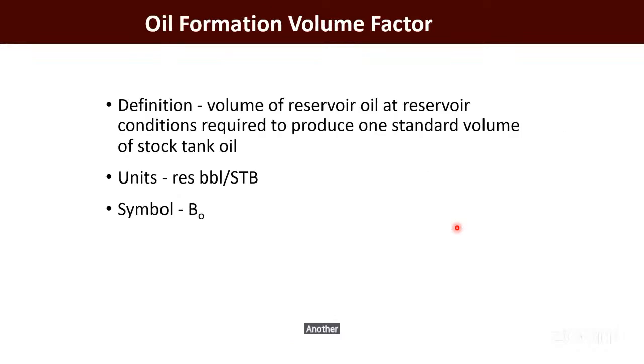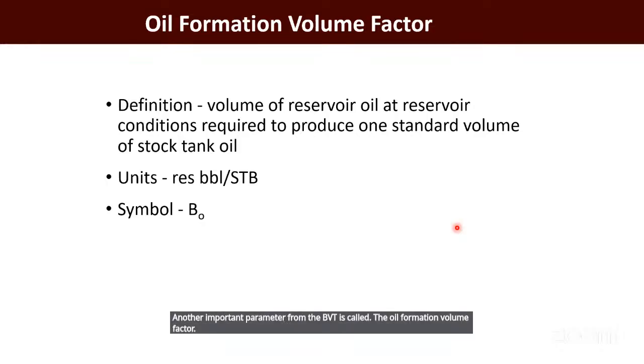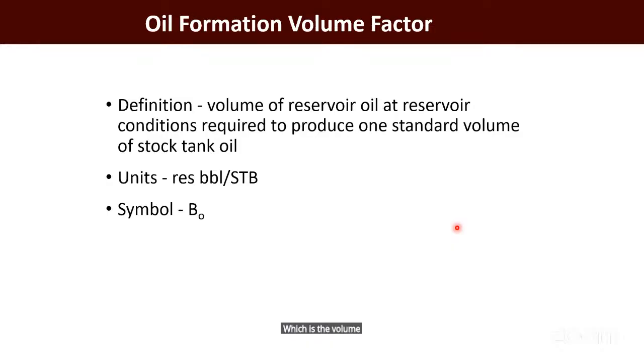Another important parameter from the PVT is called the oil formation volume factor, which is the volume of reservoir fluid at the reservoir conditions divided by the volume required to produce one standard stock tank barrel. So the volume of reservoir oil at the reservoir condition divided by the same amount at the standard conditions.